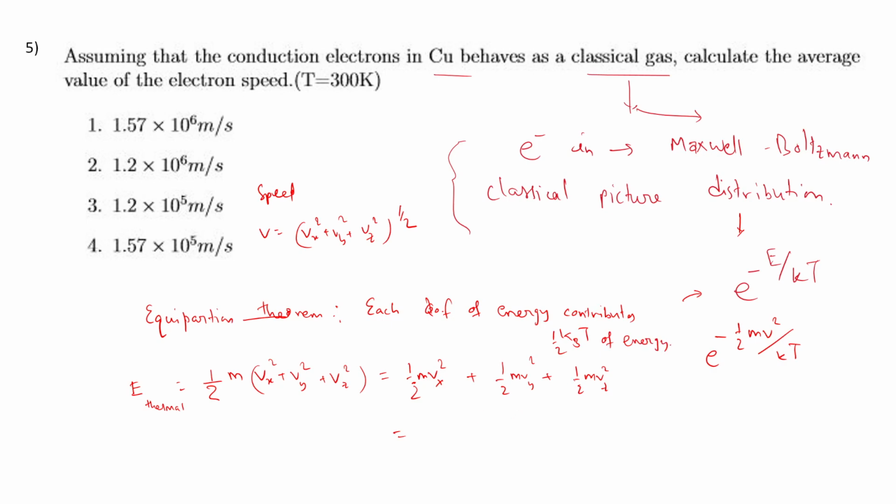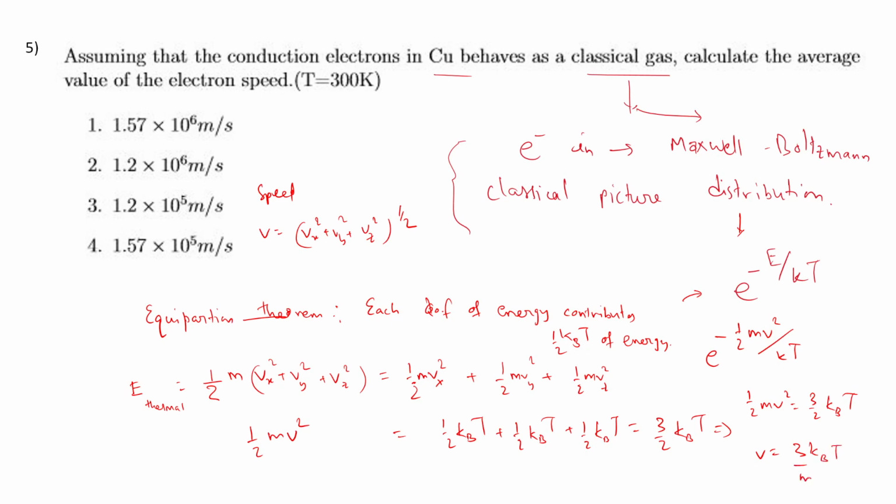So 1 by 2 kBT plus 1 by 2 kBT plus 1 by 2 kBT, and this is half m V square. This is nothing but 3 by 2 kBT. So half m V square equals 3 by 2 kBT, so V is equal to the square root of 3 kBT over m.